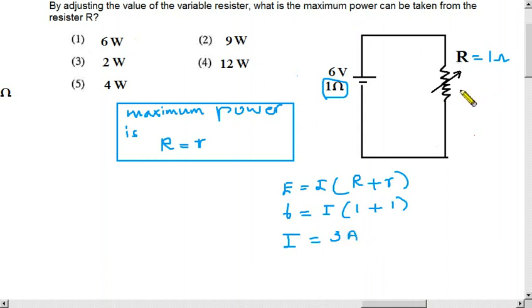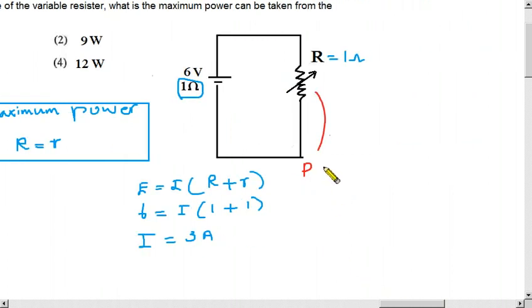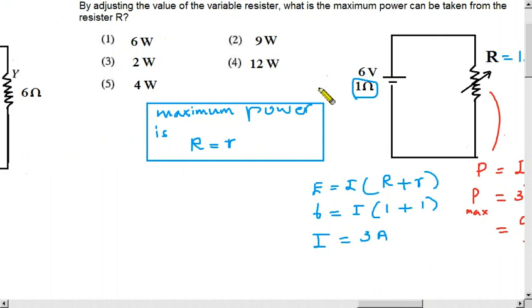Now the power from this one is I squared R. So this power is maximum. We can't get more power than that. Maximum power is 3 times 3 times 1 ohm, so 9 watt. That is the maximum power that can be taken from this resistor. The answer is 9 watt.